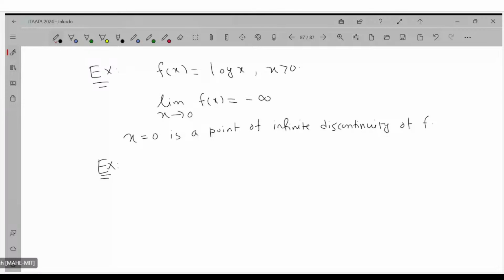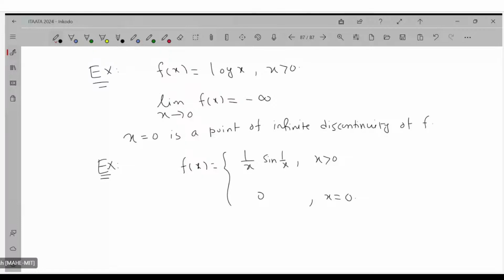What about this function? f(x) equals (1/x) sin(1/x) for x greater than 0, and 0 for x equals 0. Now sin(1/x) is a bounded function, but because of that term 1/x, the function is unbounded in each deleted neighborhood of 0.